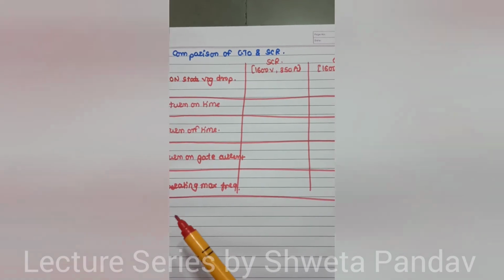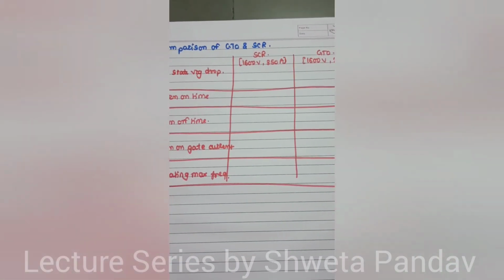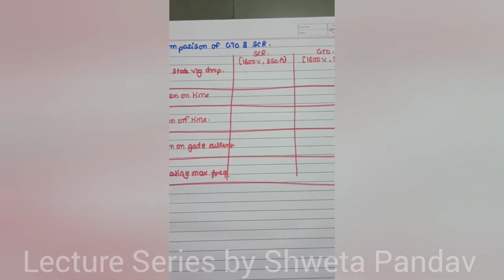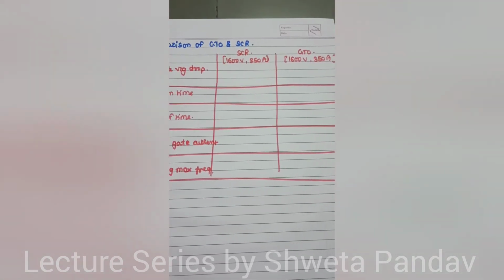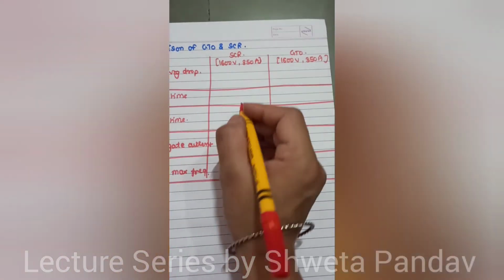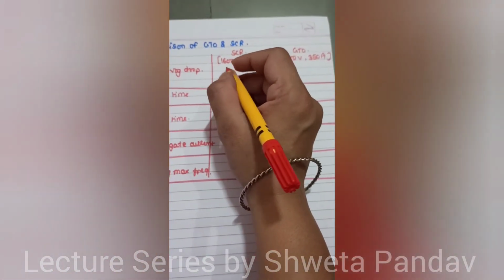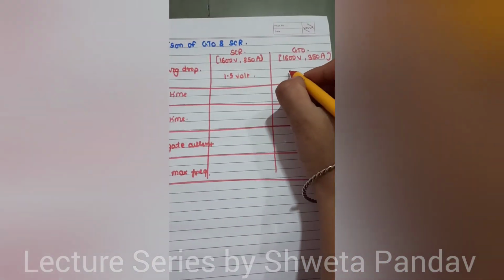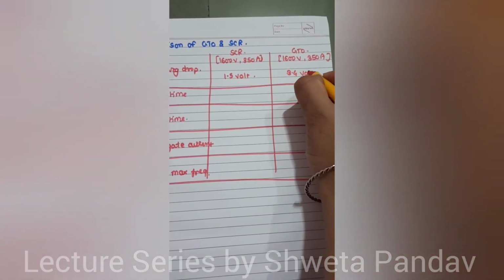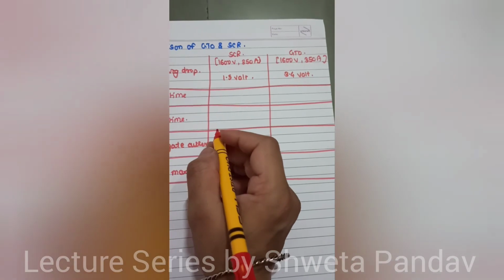We set the SCR and GTO with the same voltage, 1600 volt, and the current flowing through the device is 350 ampere. The on state voltage drop for the SCR is 1.5 volt, and for the GTO it is 3.4 volt.